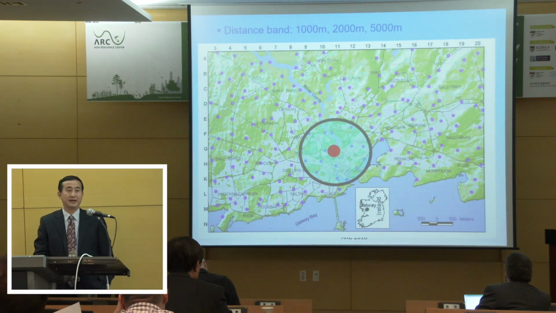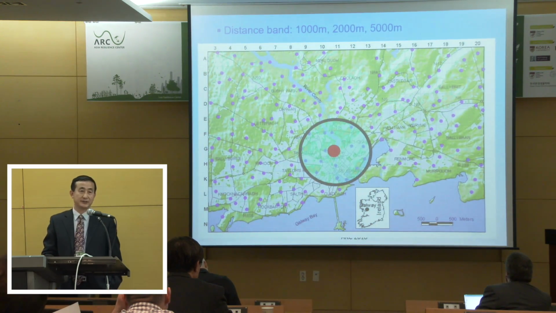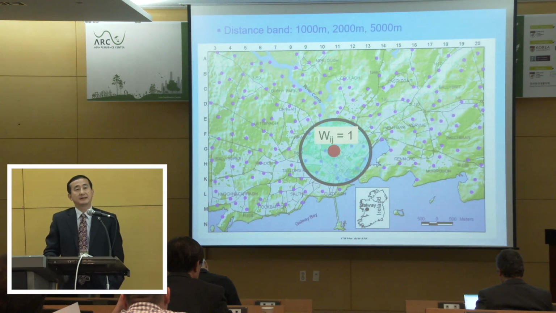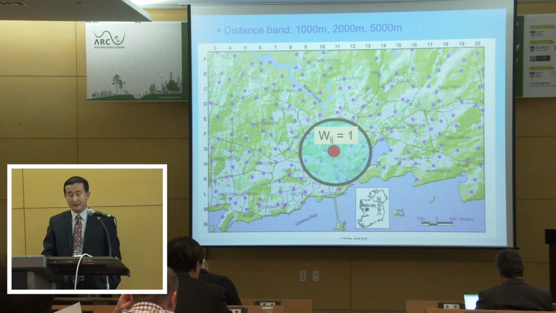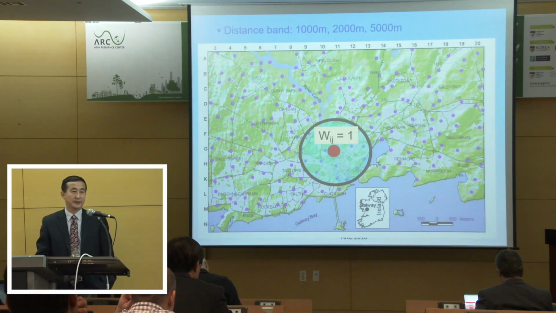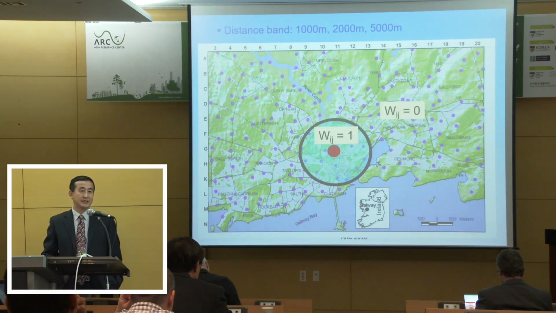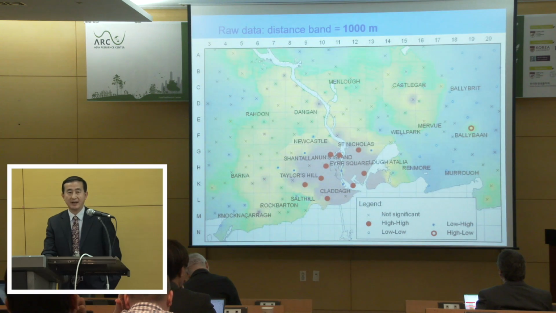We define a distance band and then calculate the relationship with the neighbors. Within the distance band, we use those points for calculation of the parameter I, and the others are given a weighting of 0.